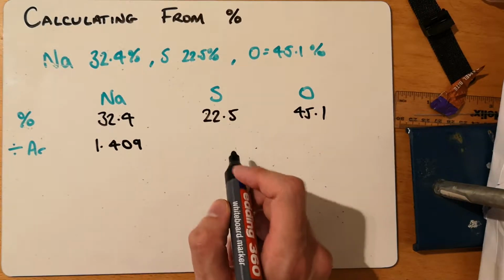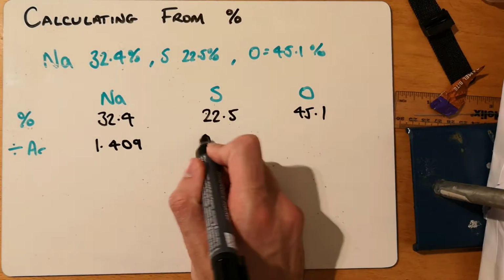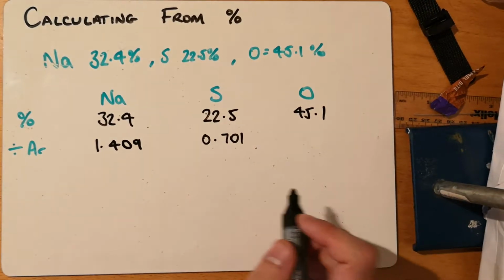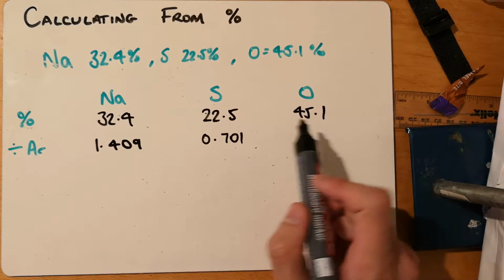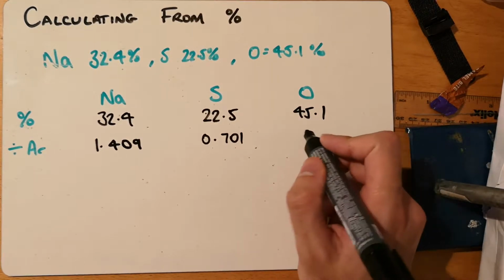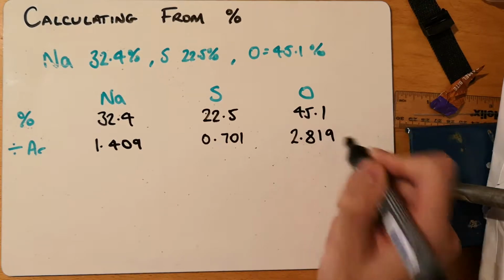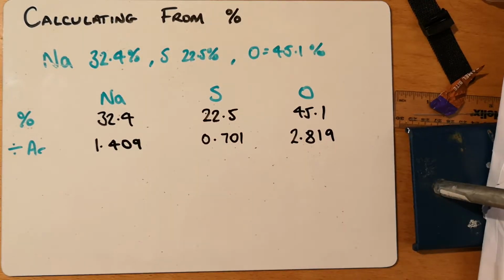Sulfur 22.5 divided by 32.1 will give me 0.701. Oxygen is 45.1. Its atomic mass is 16. So it will give me 2.819. All of those atomic masses, they're the relative atomic masses we find on the periodic table.